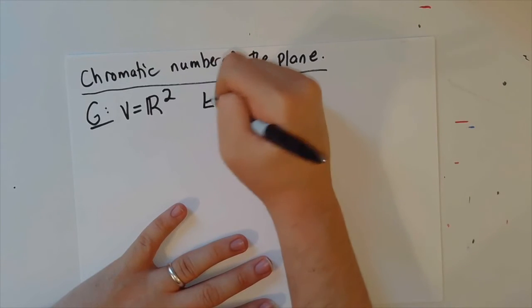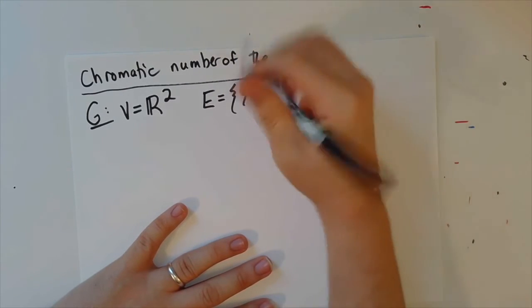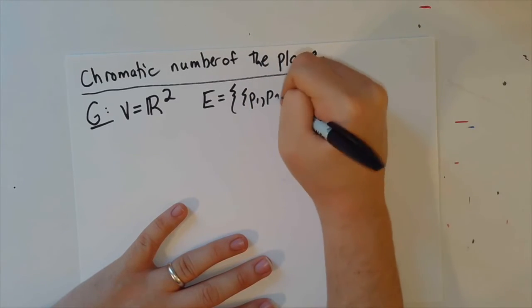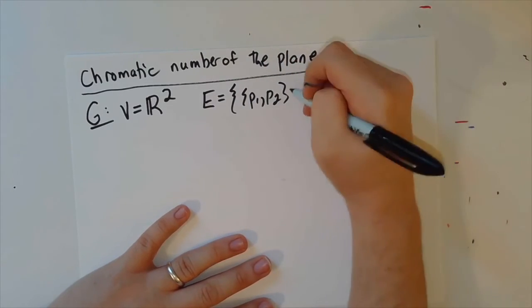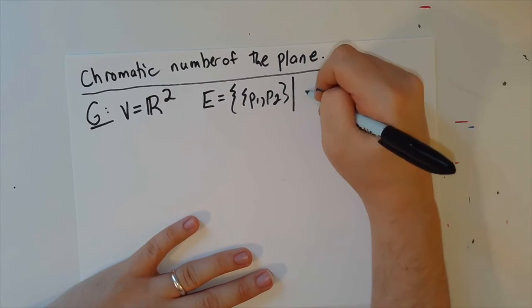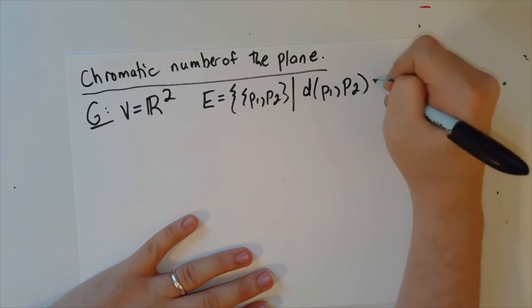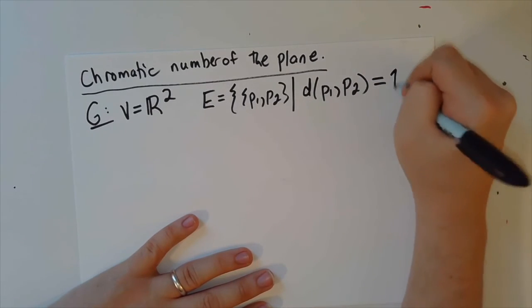And my edge set, this is the set of sets P1, P2. So these are just points in the plane, such that the distance between P1 and P2 is exactly equal to 1.